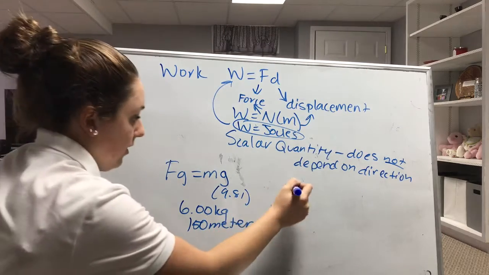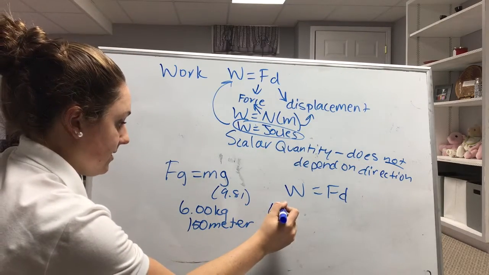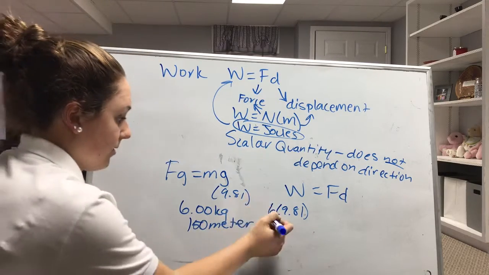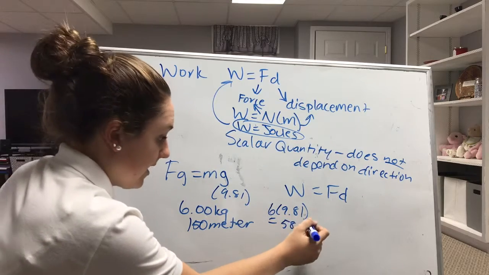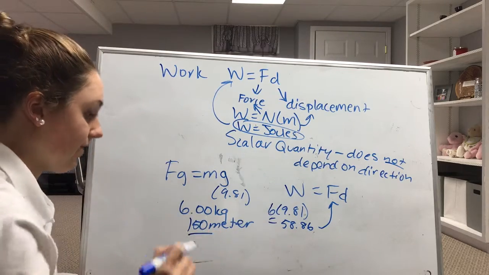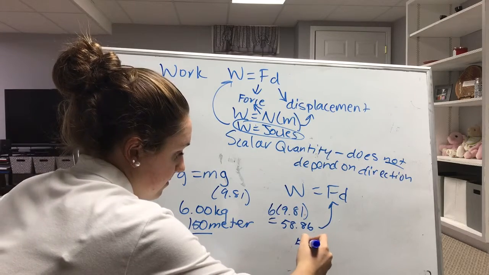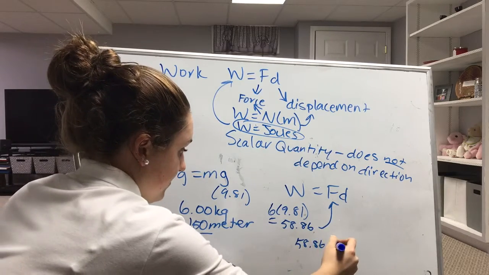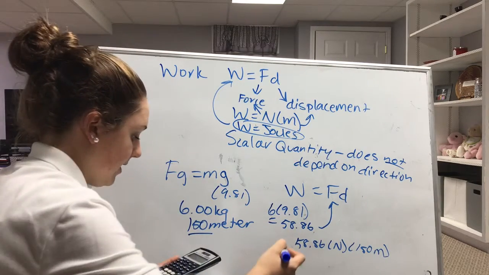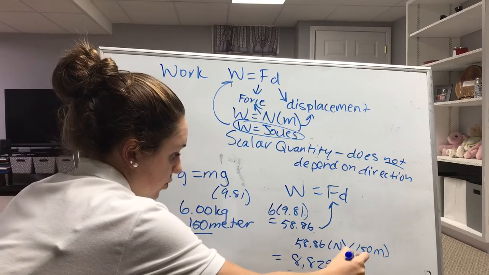We can again find work, force times displacement, through the 6 times 9.81, which is equal to 58.86, which will be for the force, times the distance of 150, to become equal to 8,829 joules total.